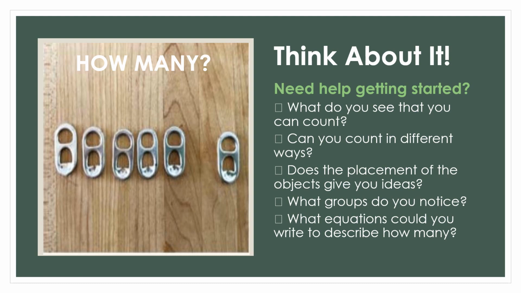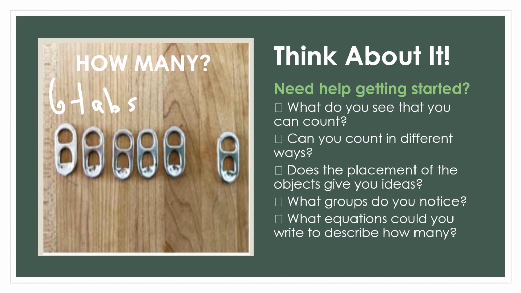One way to answer how many is to count objects. Another way is to see the total right away. Thinking about different ways to count, looking for equal groups, and describing the total using words and symbols can deepen the math in your brain. So let me ask you, did you start counting the pull tabs? How many did you count?